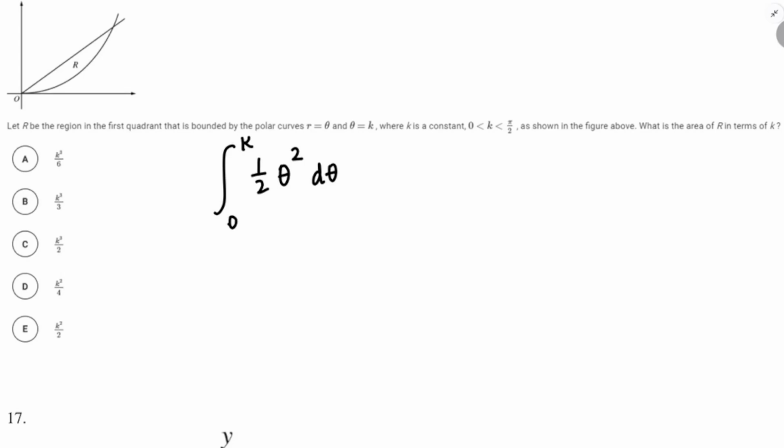Yep, because this ray right here is going to be theta equals k. And this is r equals theta, where the more I rotate, the farther I get from the origin. This is something I can do by hand. I'm going to add 1 to the power, divide by the new power, going from 0 to k. This is actually really nice. 1/6 k cubed.